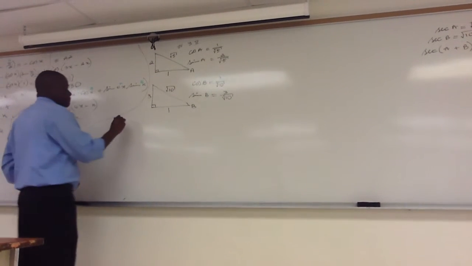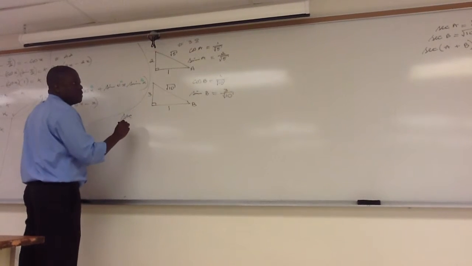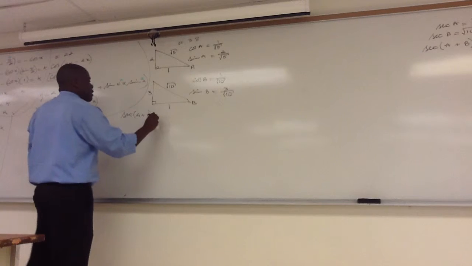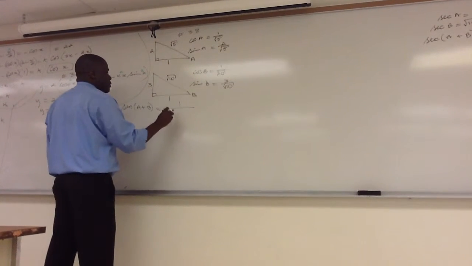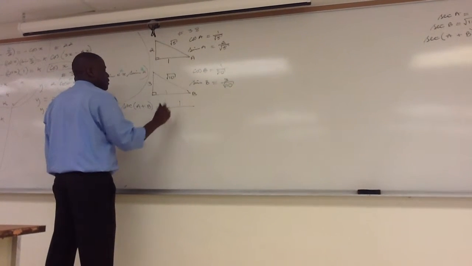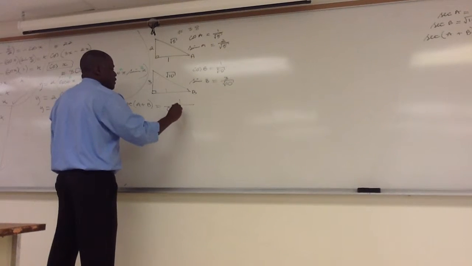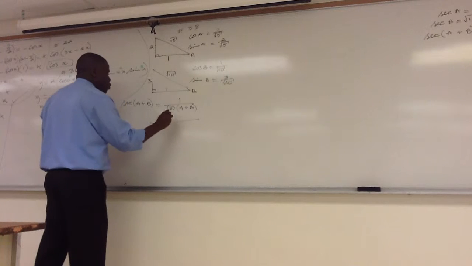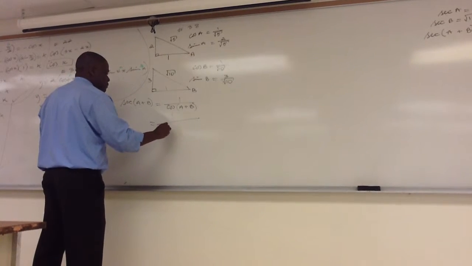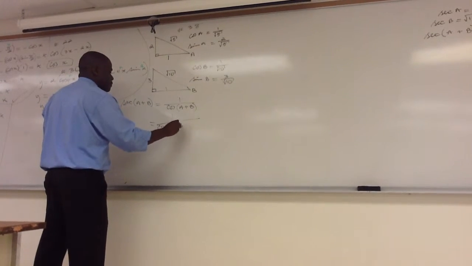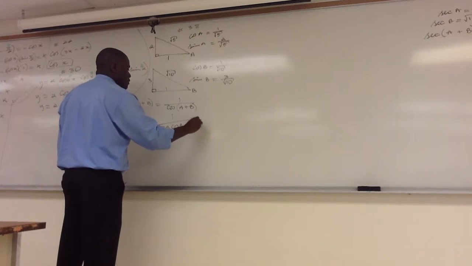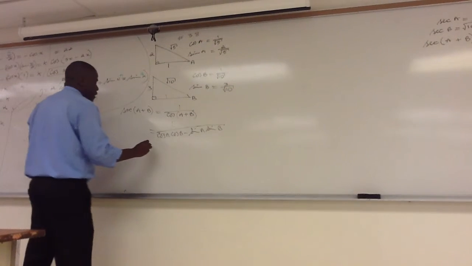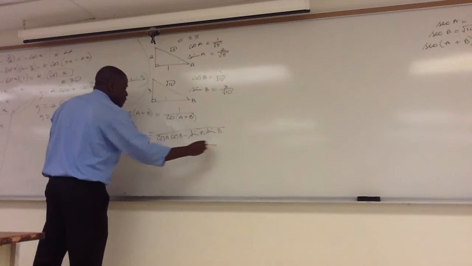Let's write them down. Secant of A plus B is the same thing as 1 over the cosine of A plus B, which is 1 over cosine of A, cosine of B, minus sine of A, sine of B. Now that we know all of them, let's just replace them by their values.